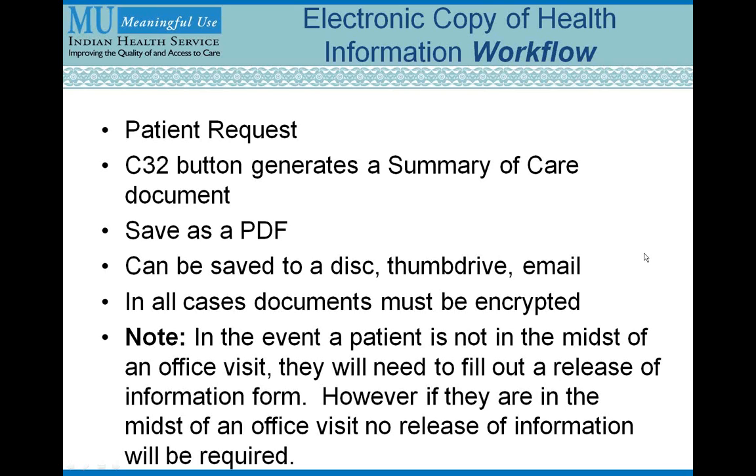That one generates a health summary that you can print out. You can't save it electronically, at least not from the button. And the C32 is more for sending a summary of care to another provider, where the patient wellness handout is for sending with the patient themselves the day of their visit.